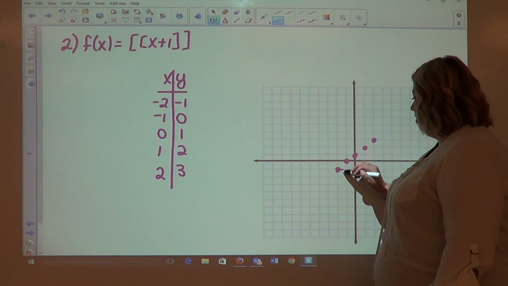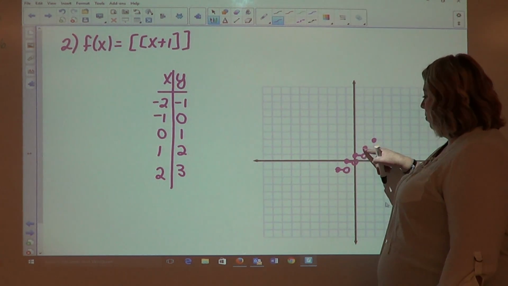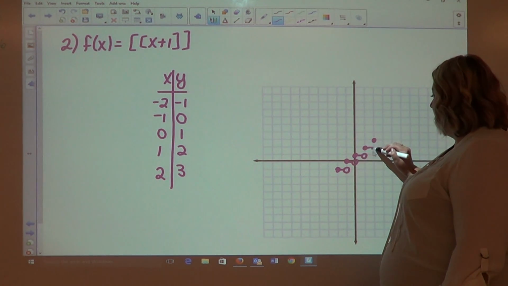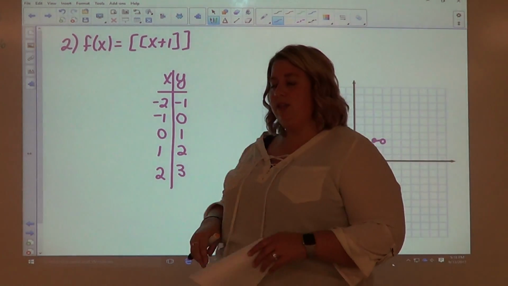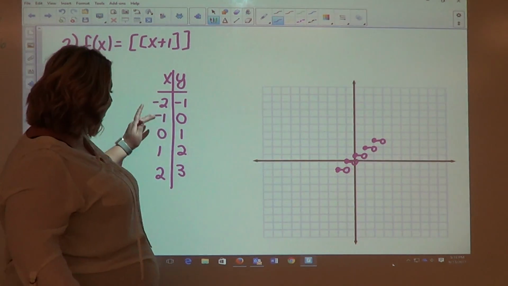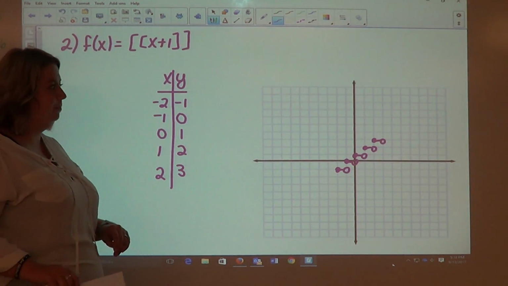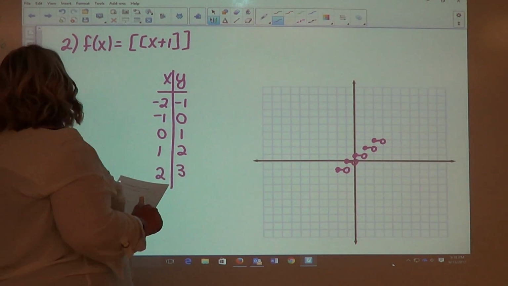They get over there. Open circle. Every time it's getting ready to go to that next point is when you stop and make it an open circle. If you want to make more than 5 points, totally up to you, but I want these 5 points in your t-chart. Okay, so those are your step functions.